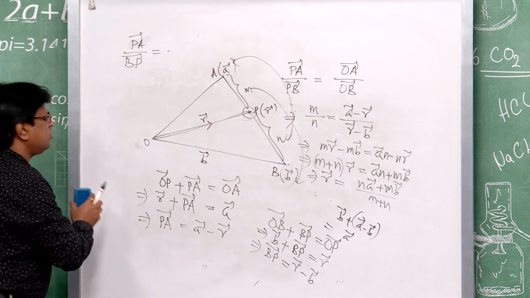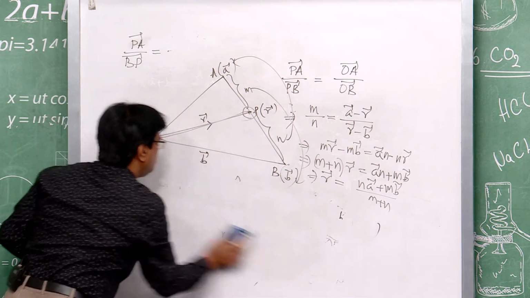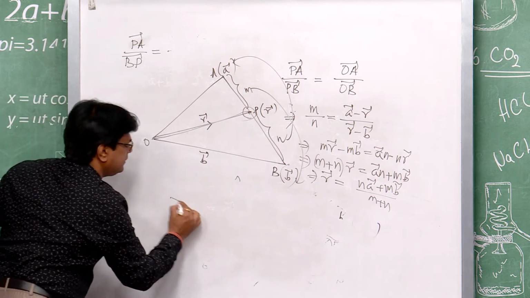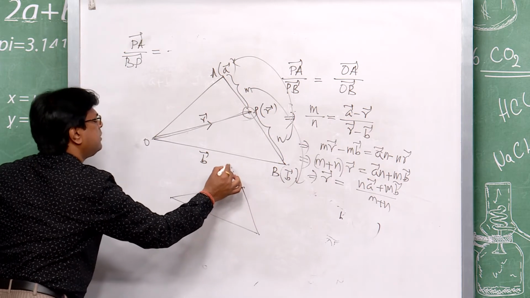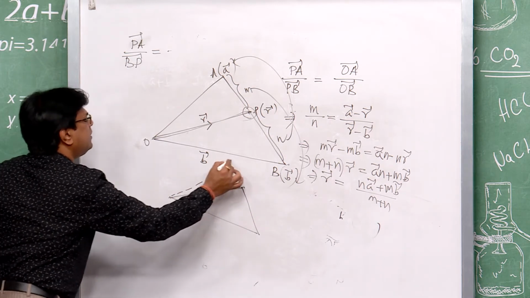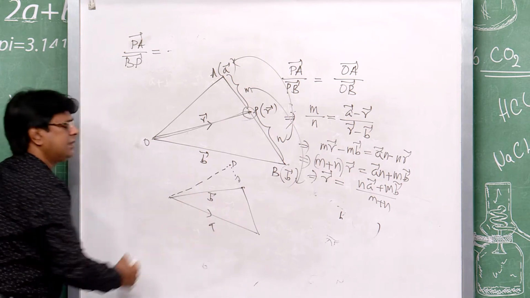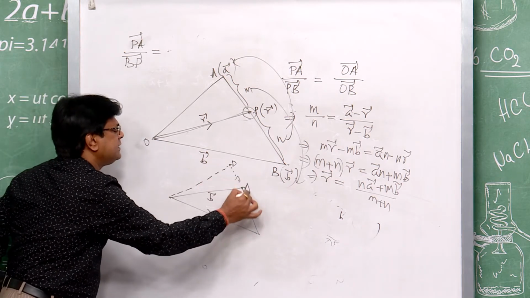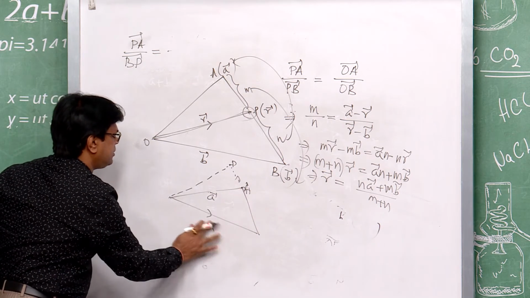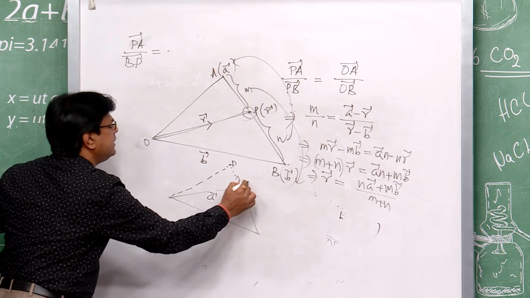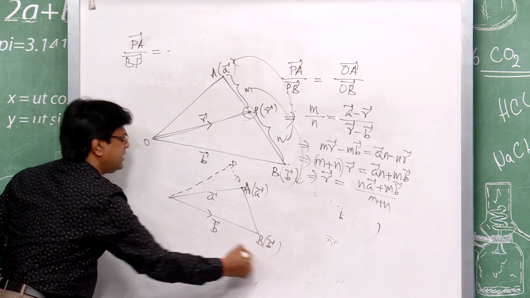Then also come to the external. External means the point P lies outside AB. Suppose this is your A, position vector a, and this is your B, position vector b.